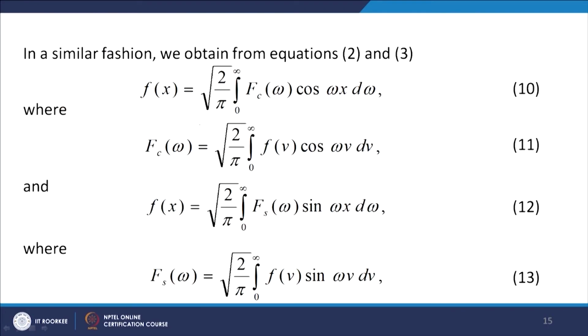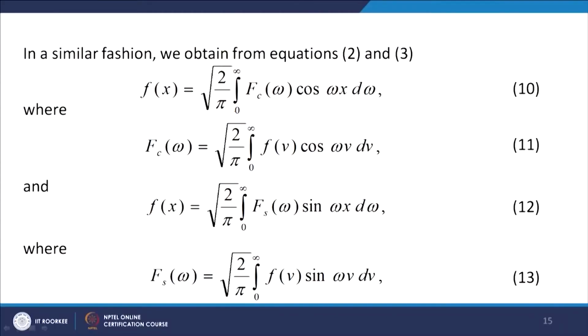If you put the values in equations 2 and 3, we have Fourier sine transforms. We have f(x) equal to 2 over pi. We get the Fourier cosine integral and Fourier sine integral by assuming f to be even and odd.